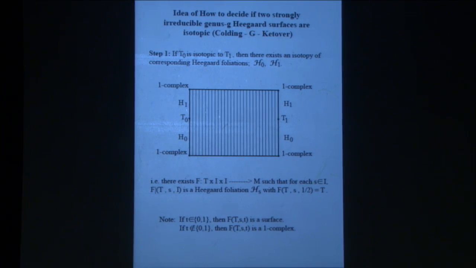And even if you have two products, surface cross I, and you have two different product foliations that agree near neighborhoods of the boundary, it's actually a deep theorem of Laudenbach and Blank that you can isotope one to the other. But in any case, in summary, if they're isotopic, then you could get this isotopy of Heegaard foliations from one to the next.